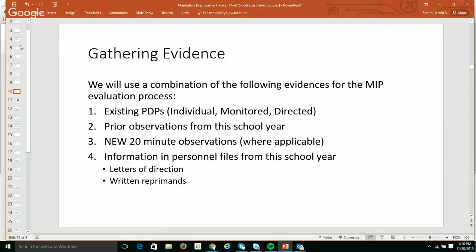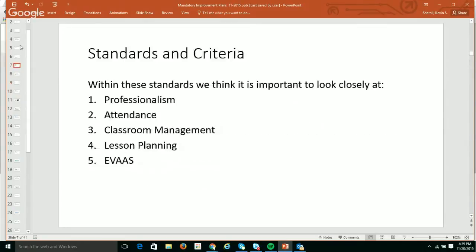Another question. How do we use EVOS in the process? Are we looking for read for 1 year, read for 2 years, same subject, different subject? In other words, what weight does EVOS have? I know that, let me see, I think I showed you, yeah, the standards and criteria here.